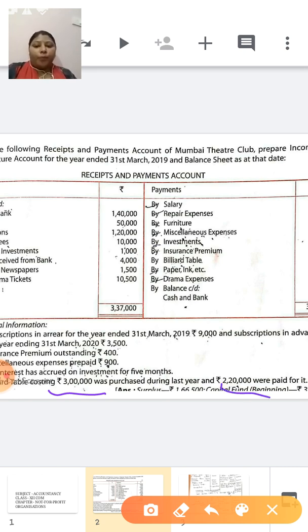So the opening billiard table value is 2,20,000 and the closing value is 3 lakh. It will help you in the balance sheet. In the opening balance sheet you write the amount 2,20,000 and in the closing balance sheet you write the amount of 3 lakh.